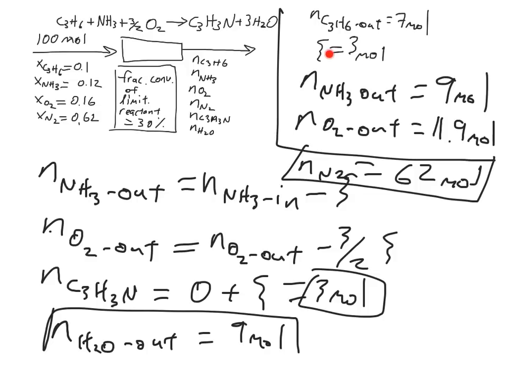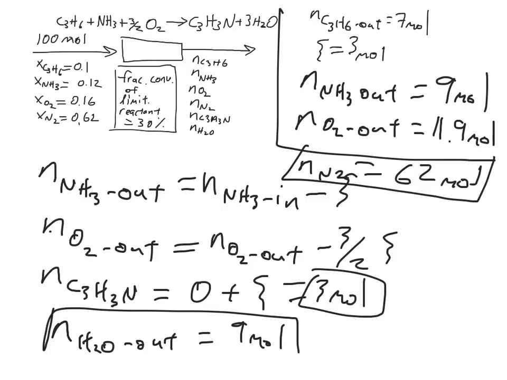We use that to find the extent, and then once we know the extent, we just use the same equation over and over. The amount going out is equal to the amount going in plus the stoichiometric coefficient multiplied by the extent, and we just use this equation over and over to get the amount of different chemical species leaving our reactor here.